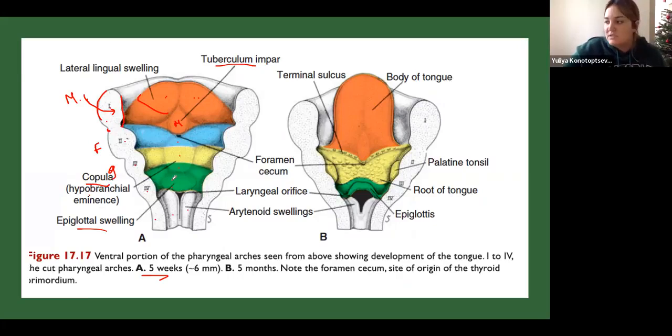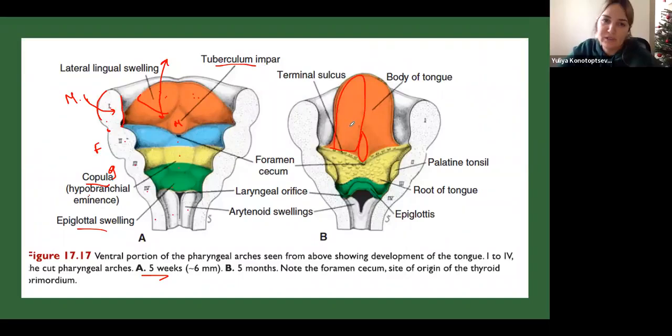So slowly, something is happening to your lateral lingual swellings. They are actively growing, spreading, and not only in this direction, also this direction. Try to compare the two pictures. These are your two lateral lingual swellings, and this is your medial lingual swelling or tuberculum impar.